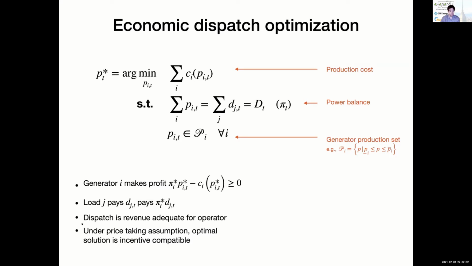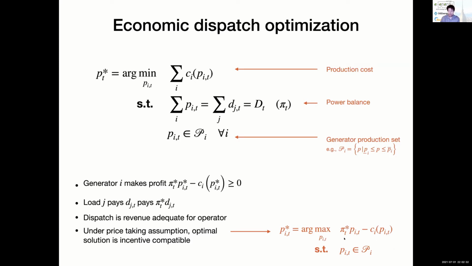And this last property gets to the idea of incentives. So if we assume that the generators just take the price, they don't believe that they have an influence on the formation of pi star, then the optimal solution is incentive compatible. And what that means is the following. What I put up on the lower right-hand side here is the individual profit maximization problem of generator i.